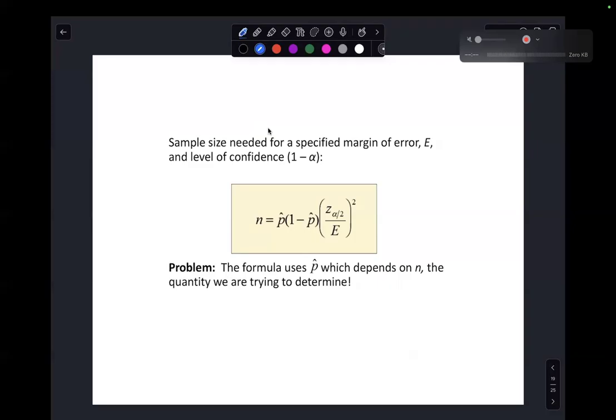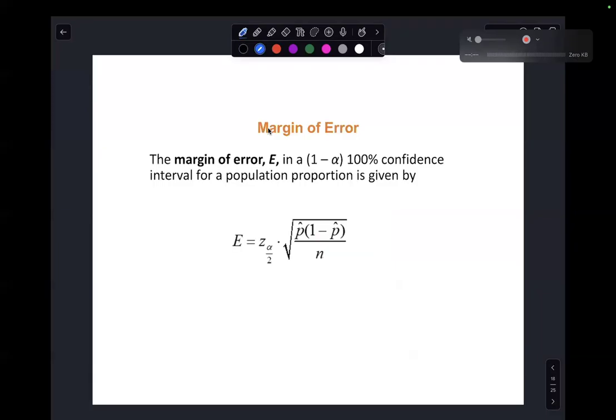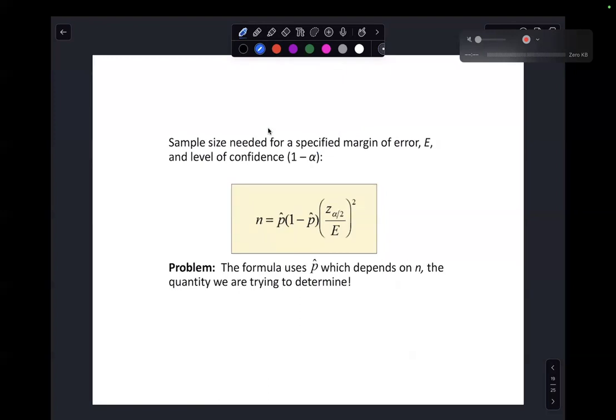All I did was take the margin of error formula and use algebra to solve for n, just solving for a different variable. But the problem is I need a sample size to get p hat, and we need to find the sample size.